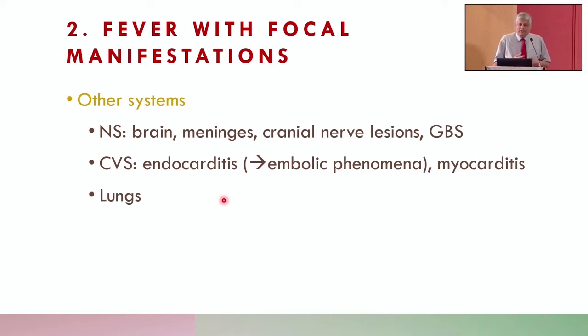In the nervous system, you can have meningitis, encephalitis, meningoencephalitis, cranial nerve lesions, Guillain-Barré syndrome, and so on. In the CVS, we can have endocarditis, including embolic phenomena and mycotic aneurysms, even in the brain. You can get myocarditis. Very rarely there can be lung involvement, nodule formation, abscesses, and so on, but that's pretty uncommon, maybe about 1%. So those systems are very uncommon. The frequent ones are the musculoskeletal, genitourinary, and the reticuloendothelial.